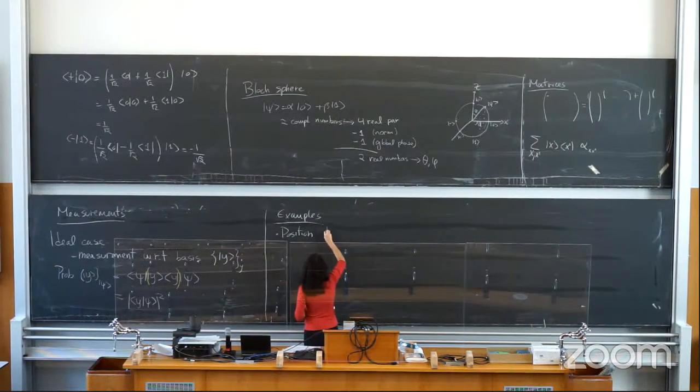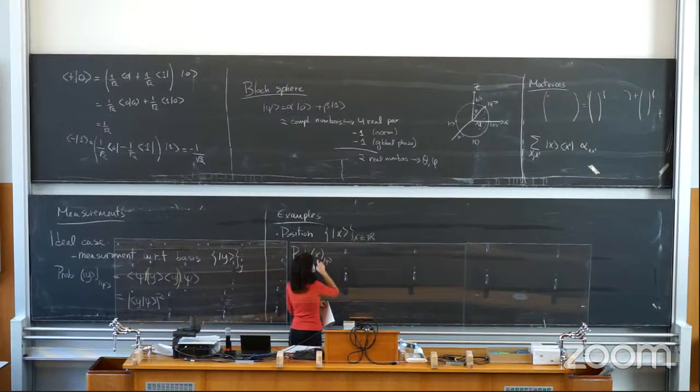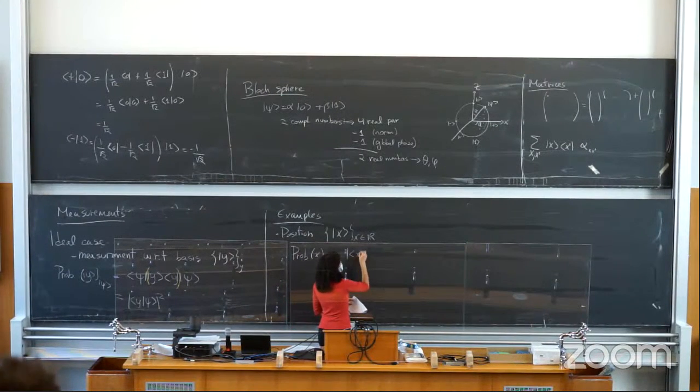So this basis that we talk about so many times, with x being a real number, then the probability that I find my particle at position x, well, this is given by this inner product.